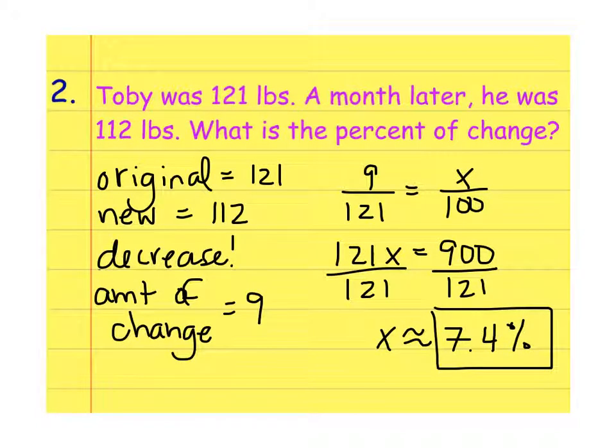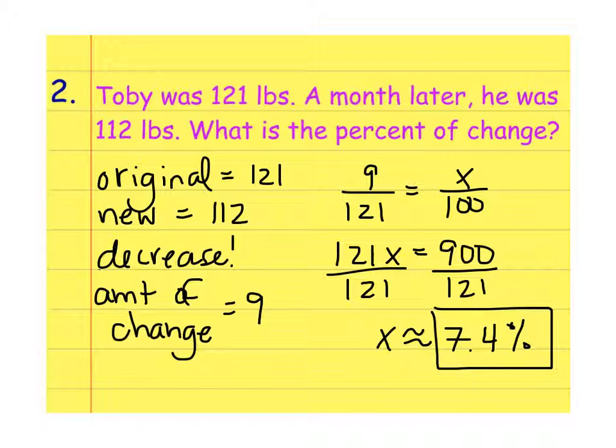So, this time I went all the way to the end. You needed your original amount, your new amount. It's a decrease because it didn't tell me this time. We know it's a decrease because Toby, a month later, was lighter than he was at the beginning. The amount of change is 9. So, amount of change over original, x over 100. Cross multiply, solve.